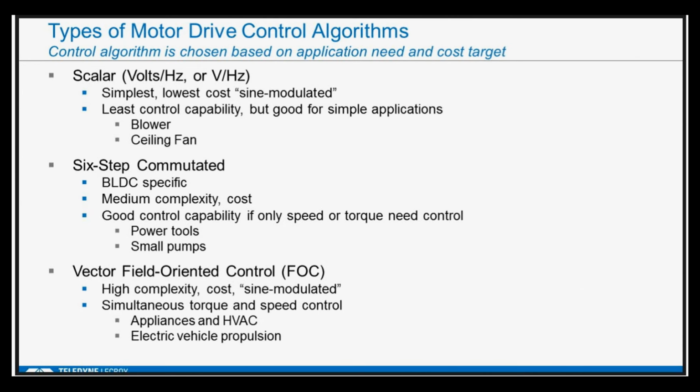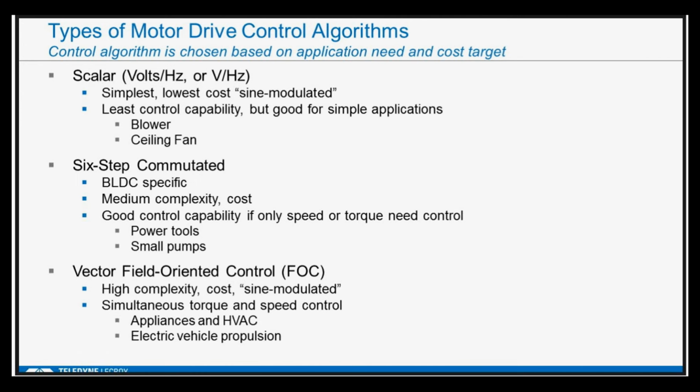You could certainly describe a lot more, and I'll touch on that. But these are probably the most common ones. We'll call this a scalar. It's also called a volts per hertz or V per hertz. This is very simple, low cost, sign modulated control. This would be something like what you'd see maybe in a ceiling fan or a blower control. It doesn't require a lot of control capability, but it's good for very simple applications.